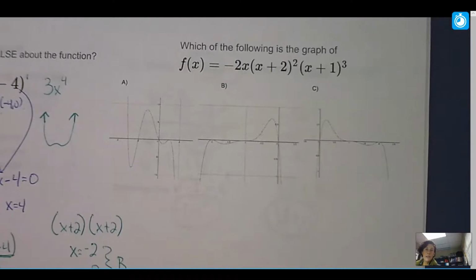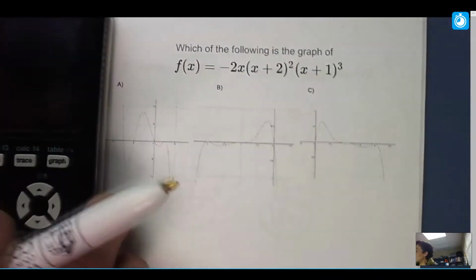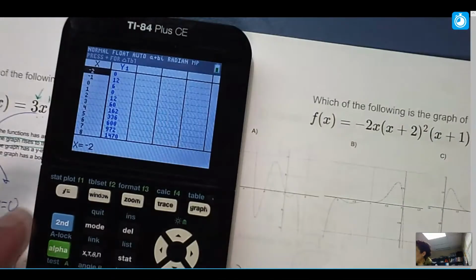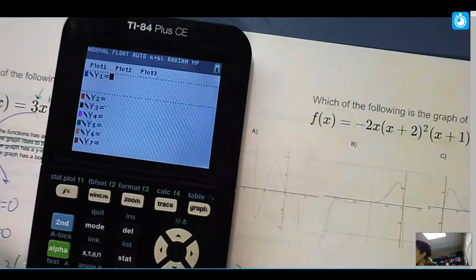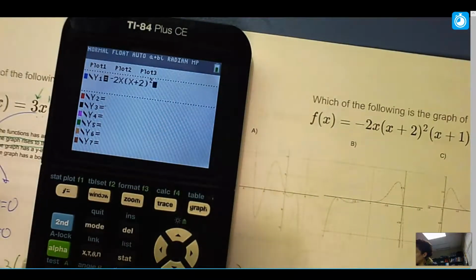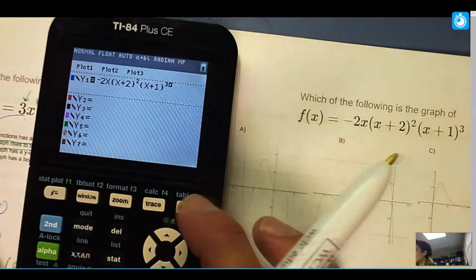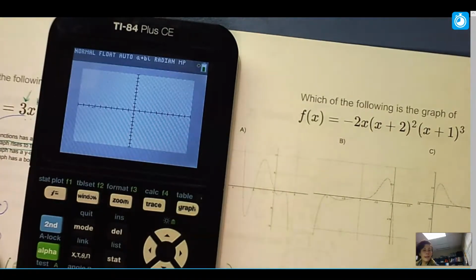Which of the following is the graph of this? And so what I'm going to do is actually, you can just type this into your graphing calculator. And you could see which picture matches it. That is probably the easiest thing to do, so just zoom 6.